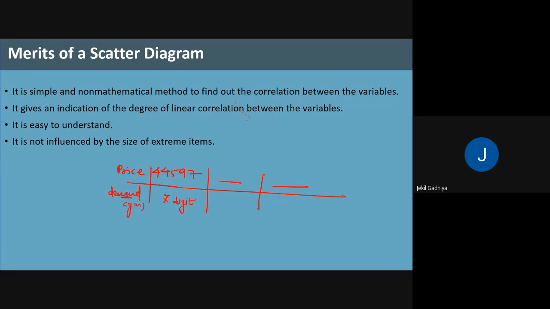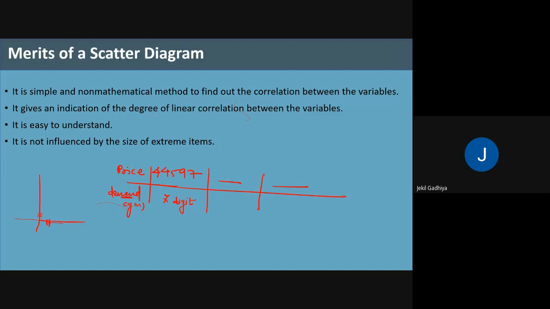Now if you calculate these values using mathematical steps, obviously to calculate this kind of value is very difficult because the values are in 5 digits or in 7 digits. Okay, but if you draw the graph, suppose you started from 44,000, then you just need to write two lines here.